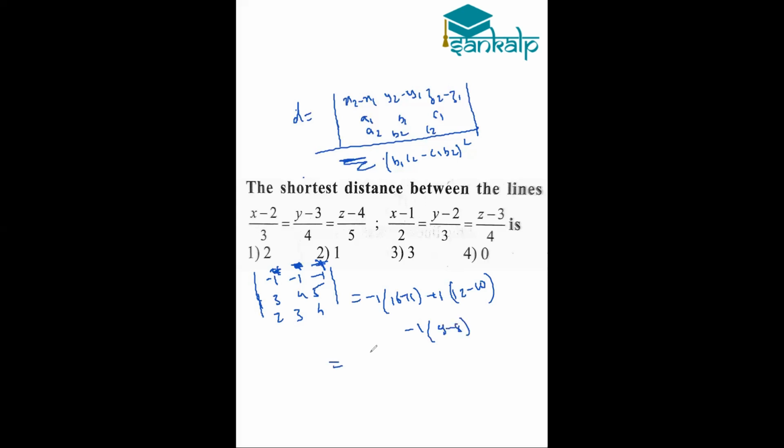So on simplifying it further, we get minus 1 plus 2 minus 1, which is equal to 0.